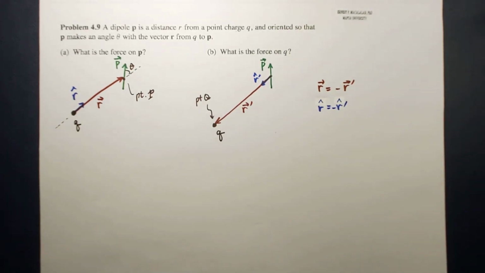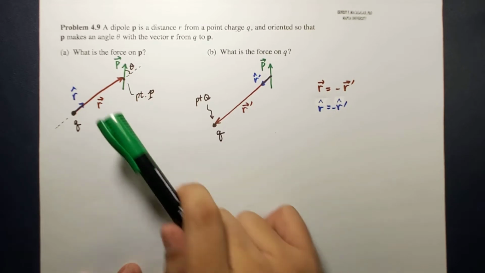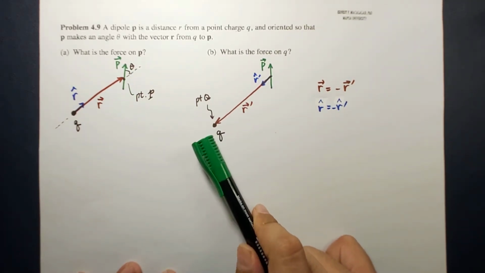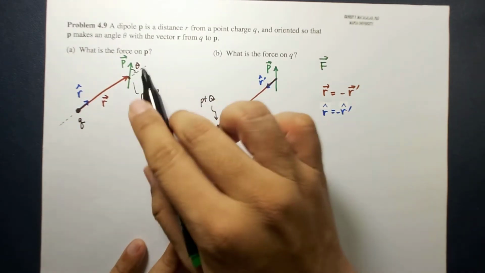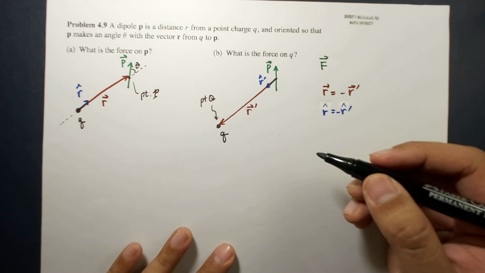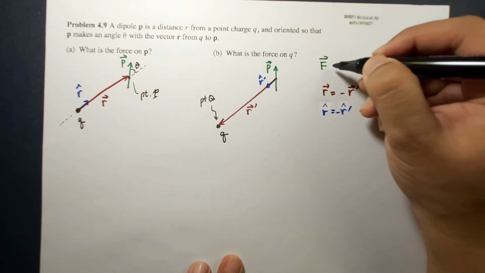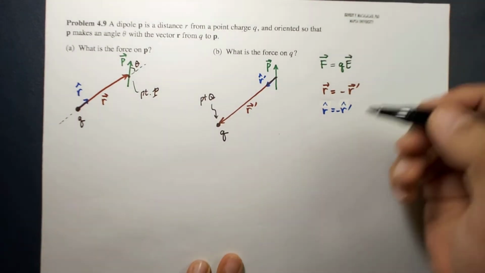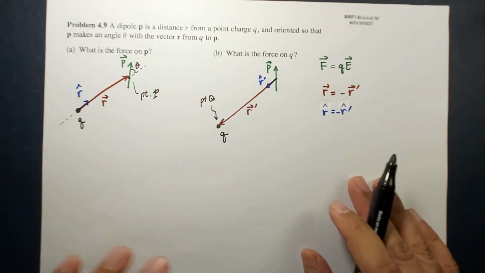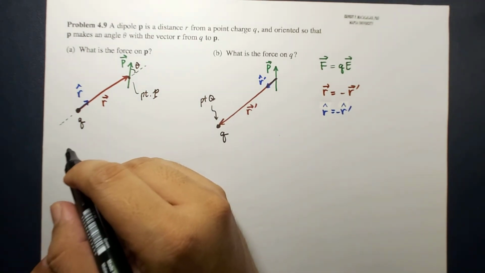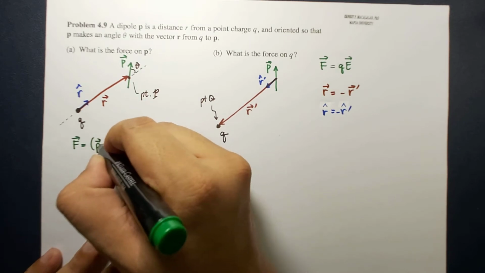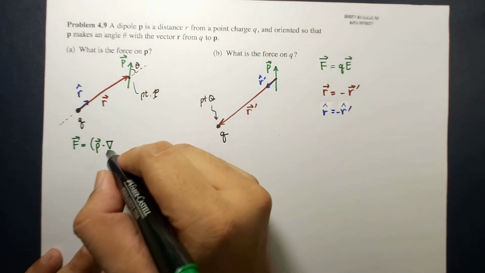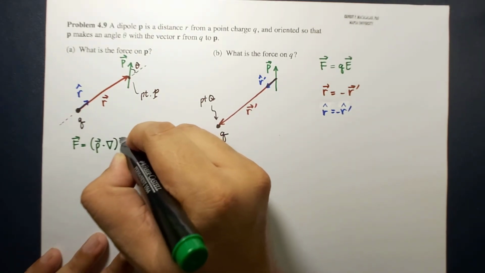The goal, for both A and B, is to first calculate the electric field at points P and Q. Then, using the equation for the electrostatic force on a charge, which is equal to qE, and from our previous discussion, the force on a dipole moment, which is equal to p dot del times the electric field.